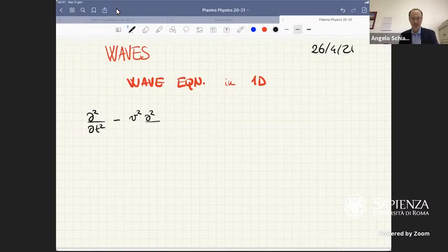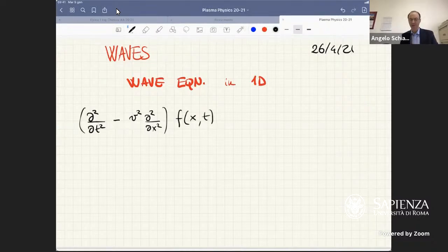In 1D it is x, and this is a differential operator, which in 3D becomes the D'Alembertian operator. And this is applied to a generic function f of the position x and time t.